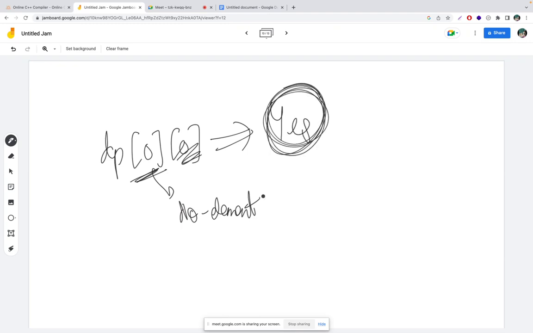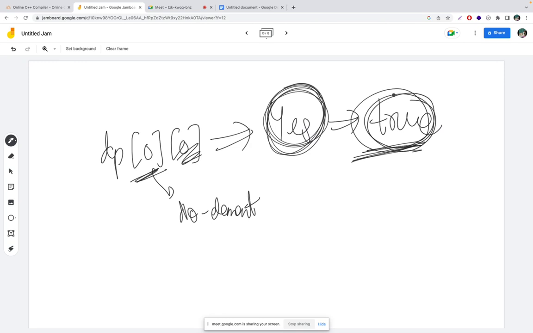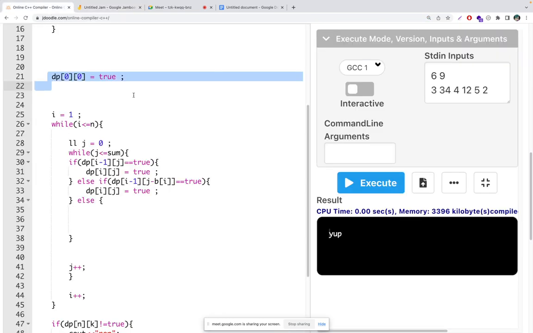So dp 0 of 0 will be true. You can call it the base case. Base case, I have written BC. Okay. So this thing is clear.